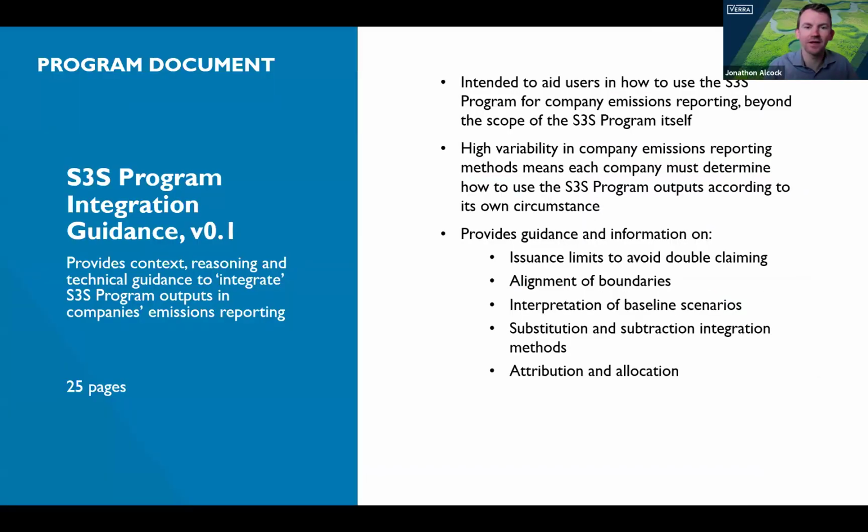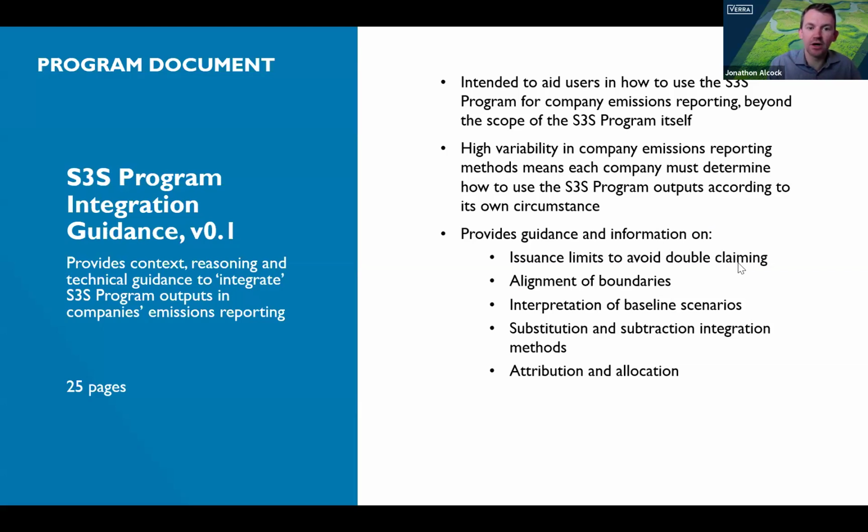Thank you, Luca. Yeah, so this is the final program document that's out for consultation. And this is a guidance document on integration guidance. So really this is providing guidance on how the Scope 3 standard program outputs could be used in company emissions reporting. And we call this integration of the information into a company's emissions report.